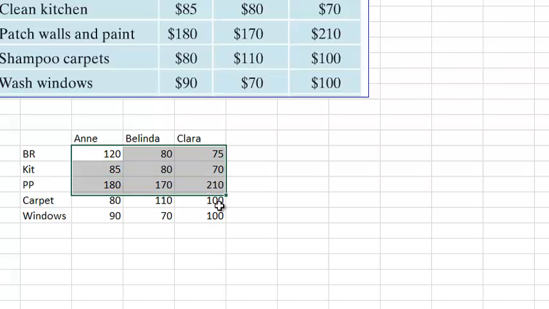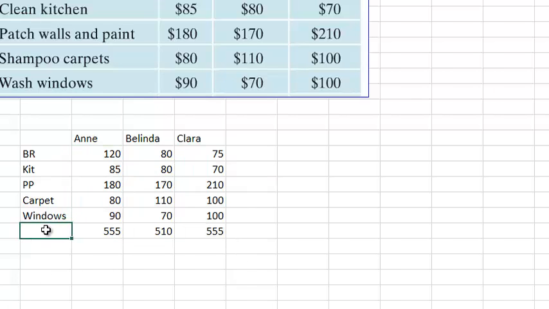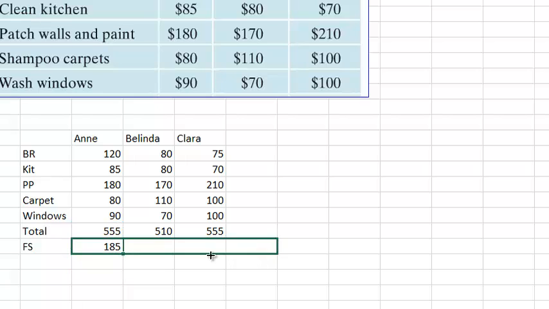We highlight all the numbers with one extra row, hit the auto sum. That gives us our totals. Again, our fair share is the total bid for each person divided by the number of players, which is 3. Drag that over. There's our fair share for each person.